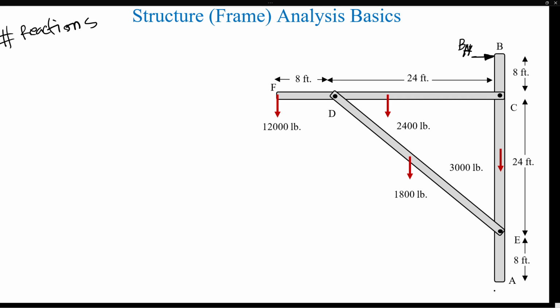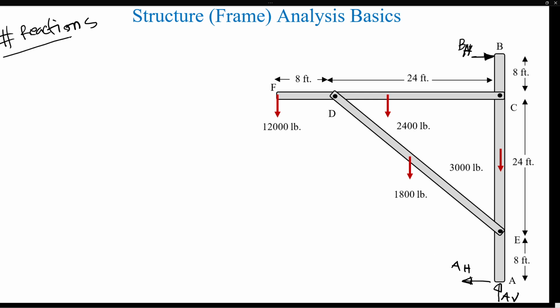And then at A, we had a pin connection, so there will be a vertical component, A V, and also a horizontal component, A H. Since the rolling contact is on the left side, the reaction at B will be to the right, and therefore the horizontal reaction at A will be to the left, because we assume the directions.